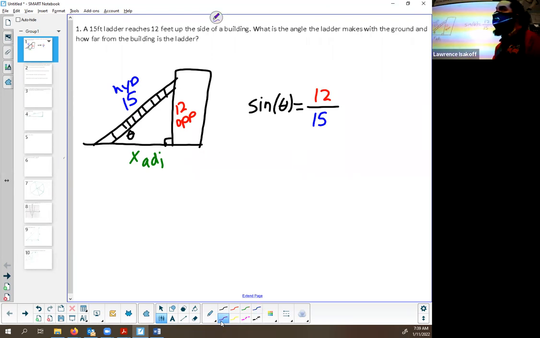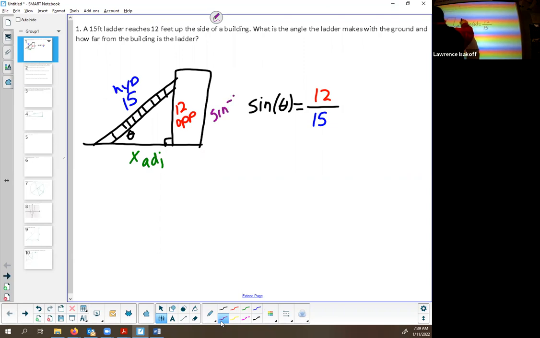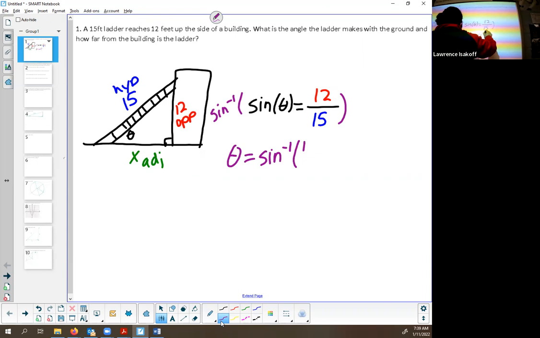Now, since it's sine, that means I do the inverse of sine. So I do sine -1. So my angle theta is equal to sine inverse of 12 over 15.